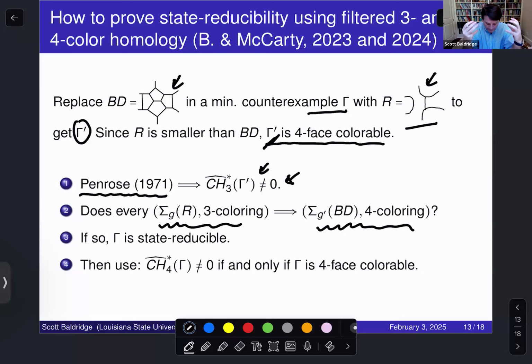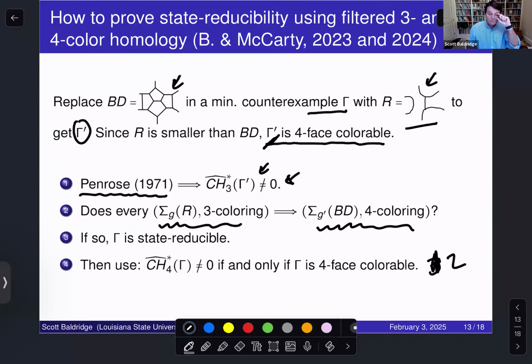But Ben and I proved in 2023, this is paper number 2, that it is an extreme invariant. If any homology is not 0, then the graph is 4-face colorable for a planar trivalent graph.